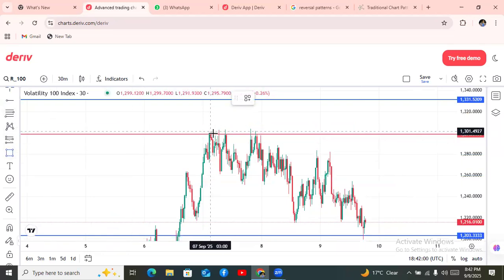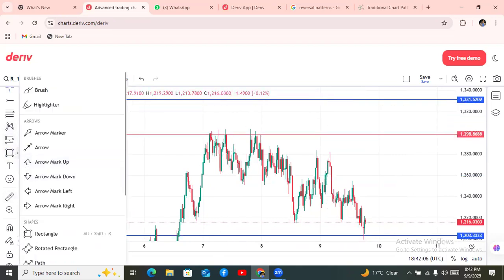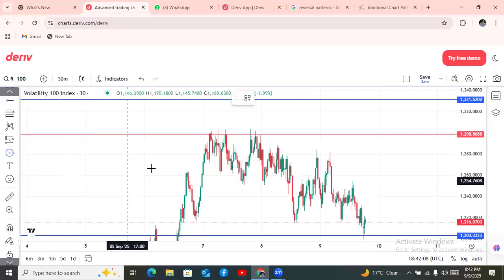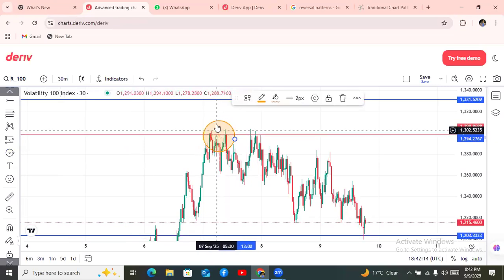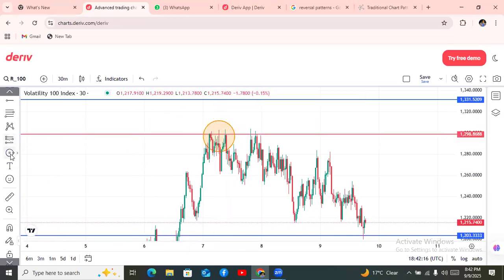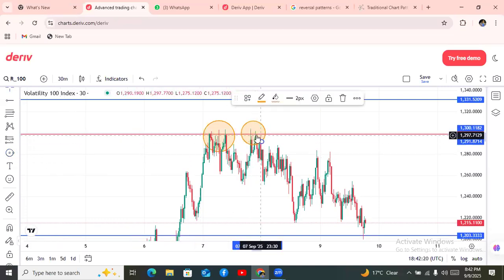Okay, we can consider, let me use a different shape, we can consider this as one, and then we can consider that one as another. So these are two touches.